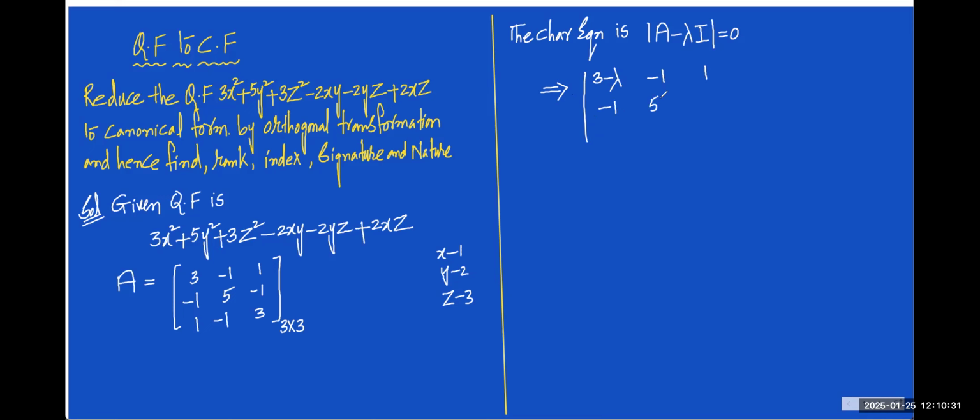This is 5 minus lambda. This is minus 1. This is 1. This is minus 1. This is 3 minus lambda. And this is equating to 0. And if you simplify, you will get the lambda values. Those values are called what? Eigenvalues.